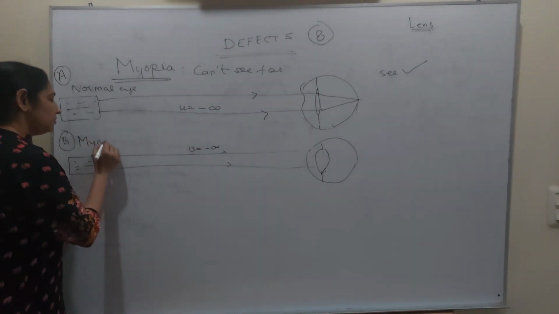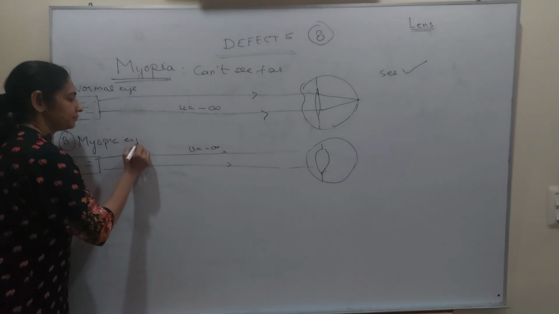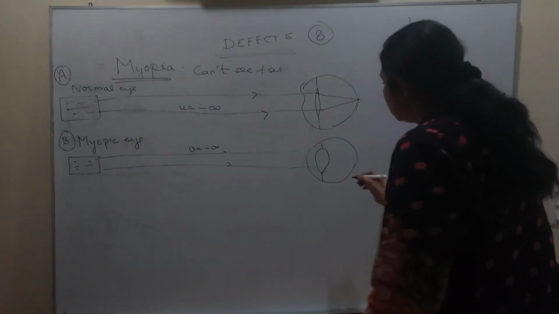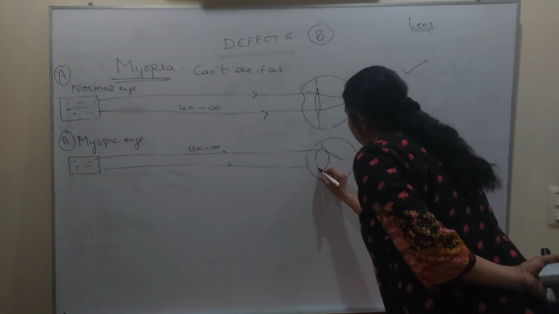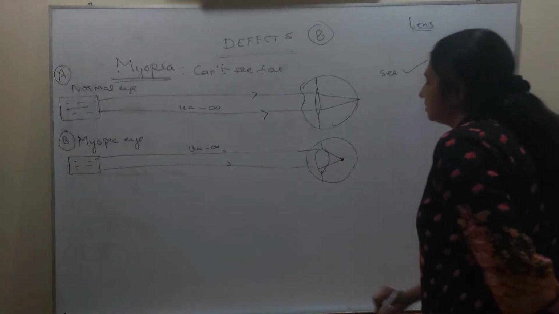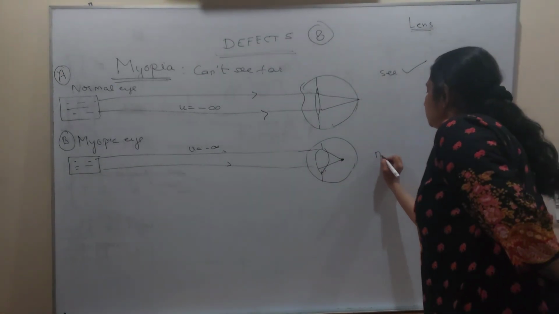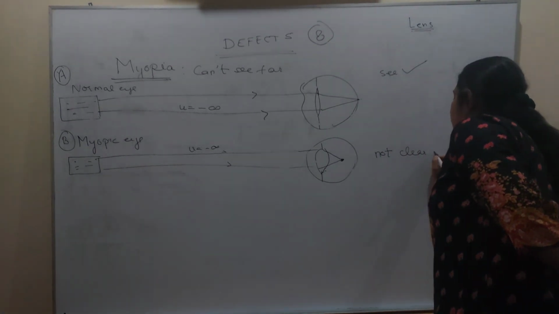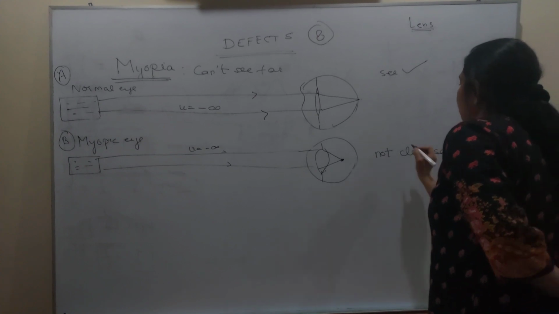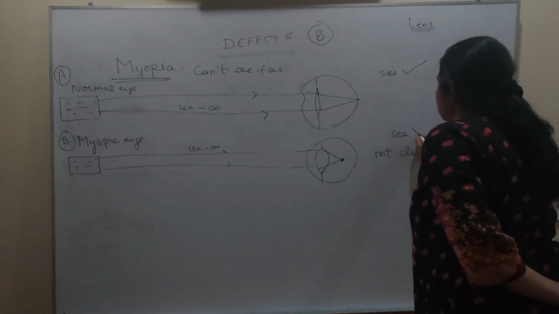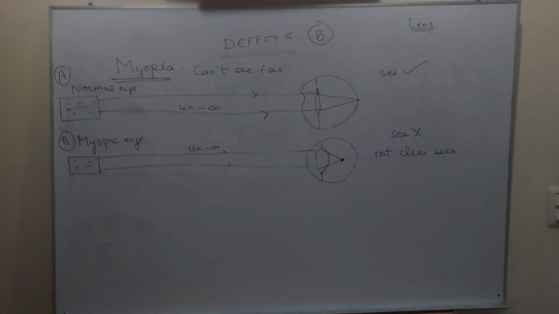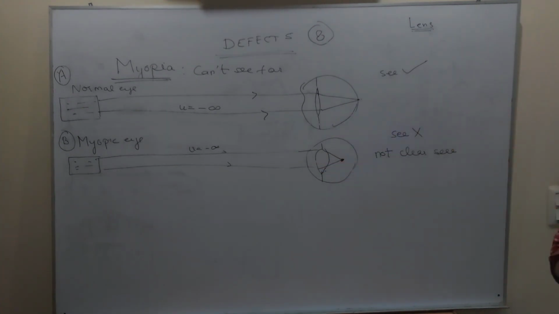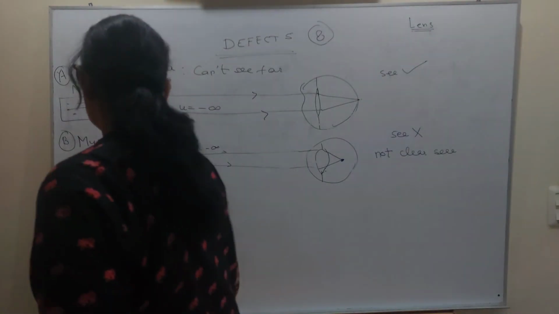We are discussing a myopic eye. Now if we sit very far, we will not be able to see. Why? Because the intersection comes here, in front of the retina. We will not be able to see nicely, or we can say in short, we can't see clearly. But the object distance, remember, remains u is equal to minus infinity.